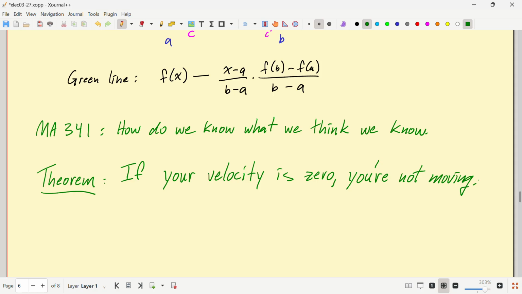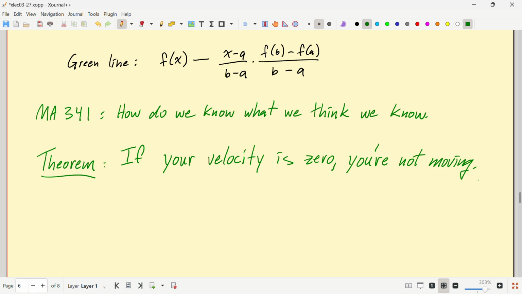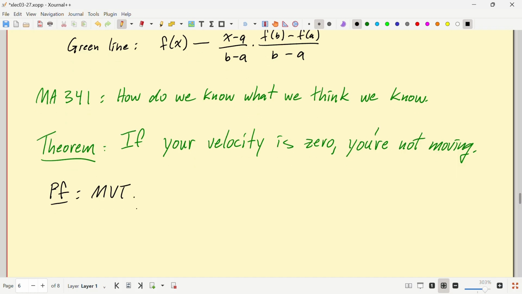But if you ask somebody to prove it to you, it's the mean value theorem that would give you the proof. The mean value theorem: f of b minus f of a over b minus a would be equal to f prime of c, and if your velocity is 0, this would be 0.